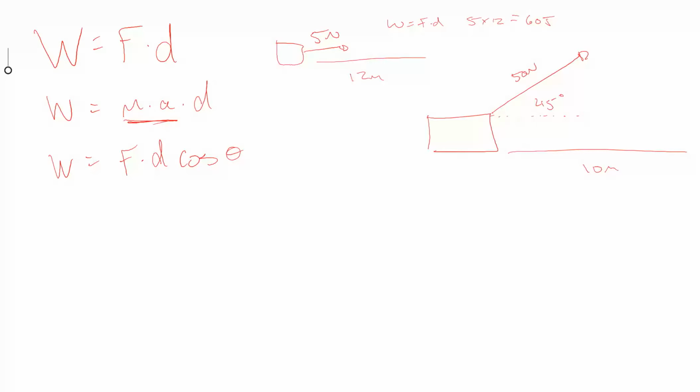So this is where I need to use the full equation on my sheet, because I can only take the component of the force that is parallel to the direction of motion. So here we just take 50 newtons times the distance of 10 meters times the cosine of 45 degrees.